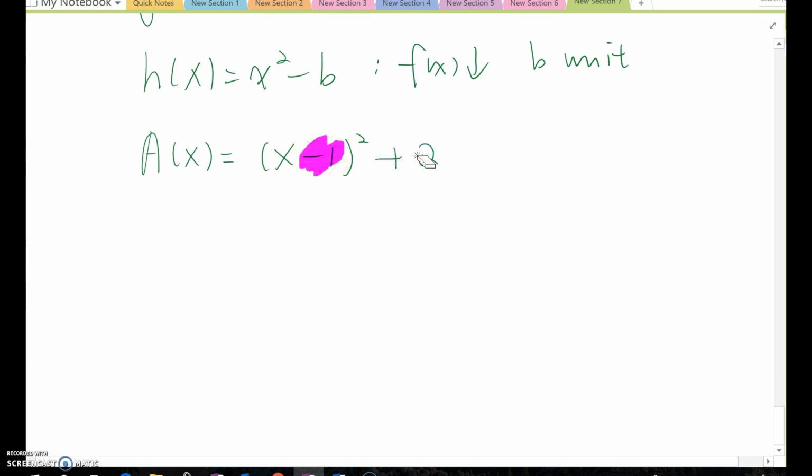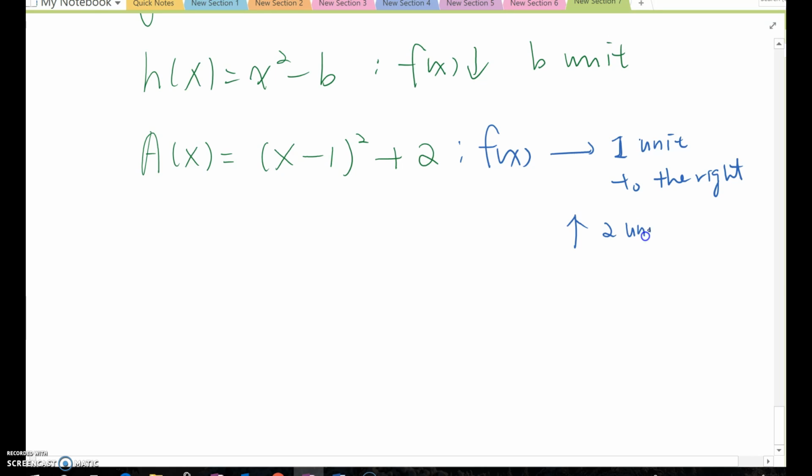Then we know that f(x) moves up 2 units. If you combine them, this whole thing we can conjecture: f(x) moves 1 unit to the right, and then moves up 2 units.